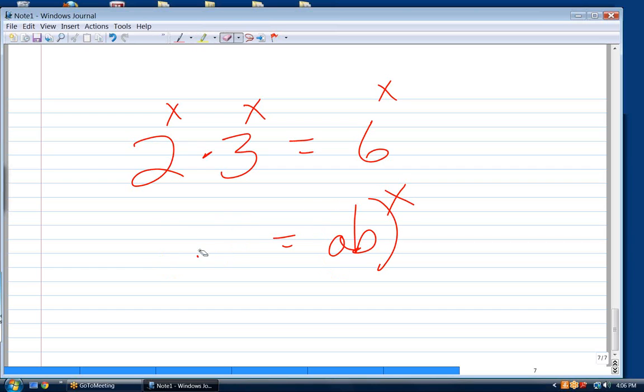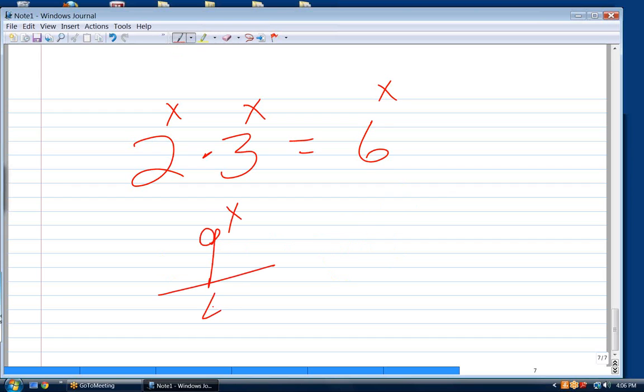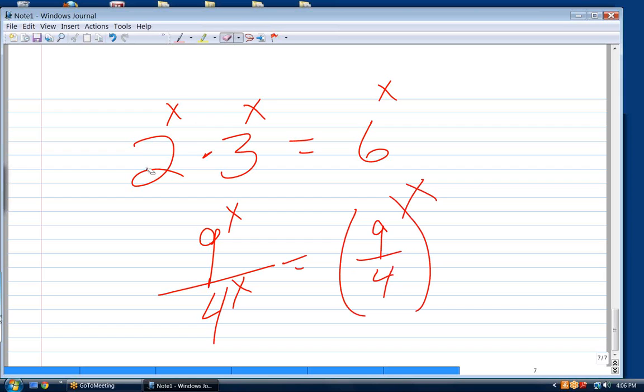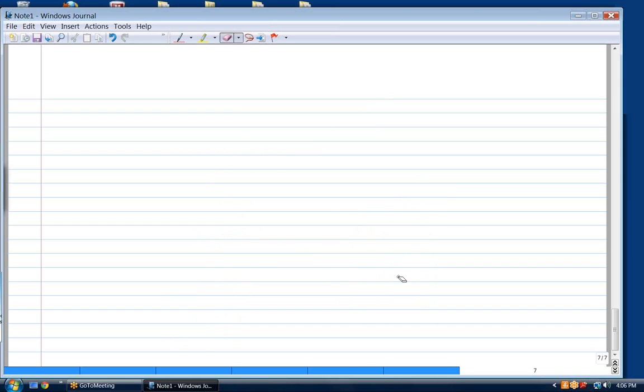Same with division. In other words, 9 to the x divided by 4 to the x equals 9/4 to the x. So those 5 rules for exponents cover just about doing anything you want with exponents.